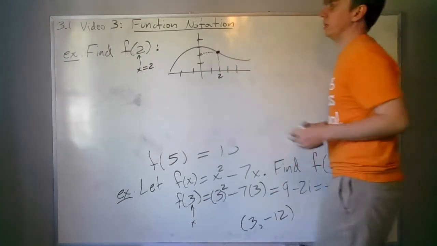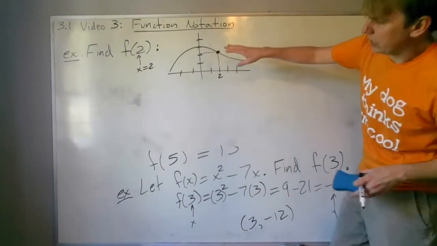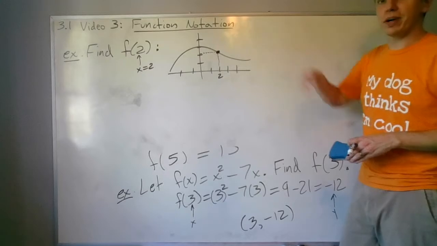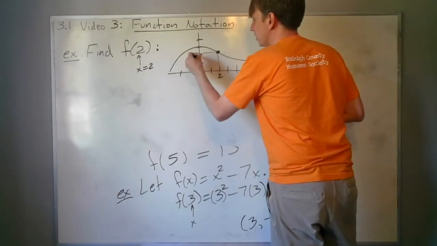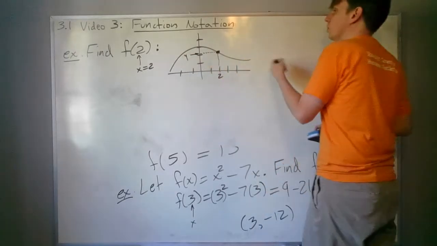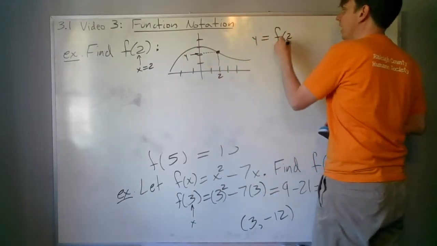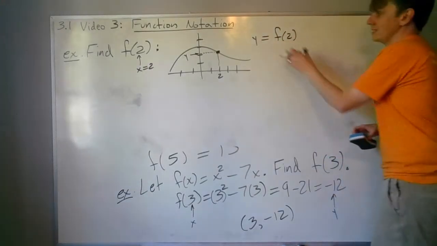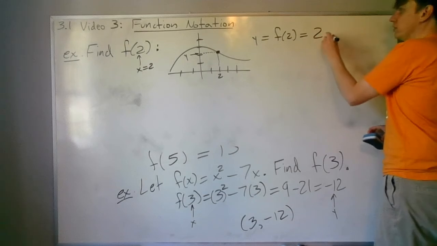And so it looks to me like the corresponding y would be maybe 2.1. I don't know if you can tell, but I put it a little bit bigger than 2. But whatever. It's whatever this number happens to be. So the corresponding y, which is also going to be my f of 2, again, this symbol represents the output, is going to be approximately 2.1.